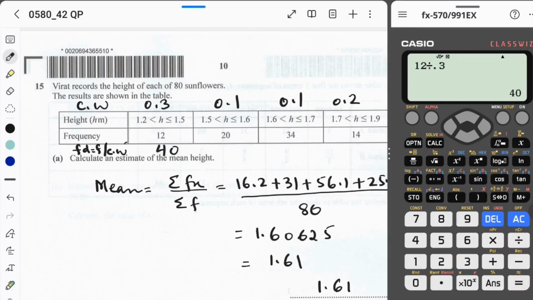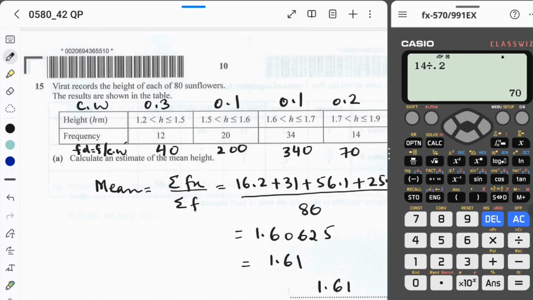Then 20 upon 0.1 is equal to 200. And 34 divided by 0.1 is equal to 340. And then 14 over 0.2, and you will get 70.